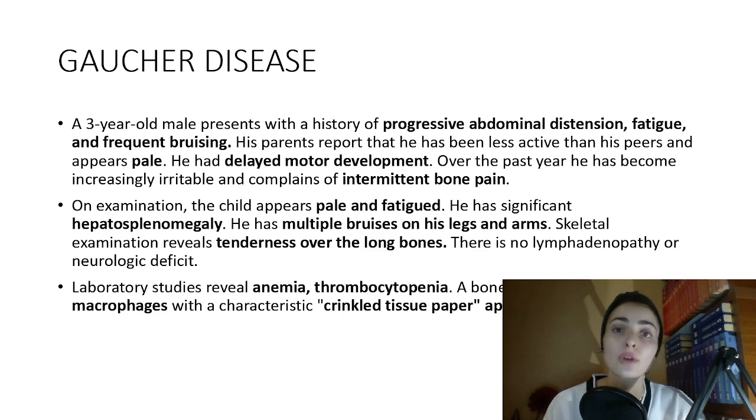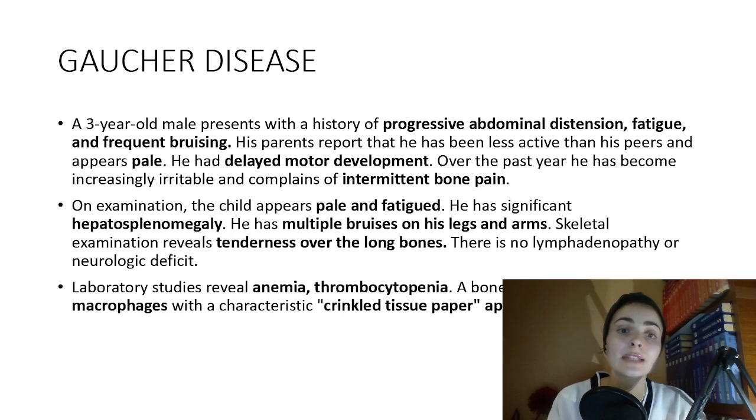And thrombocytes are the blood cells which participate in creating a blood clot. If thrombocytes have a problem or are deficient, there is a decreased ability of blood clotting, and therefore there can be frequent bruising as one of the symptoms of thrombocytopenia.